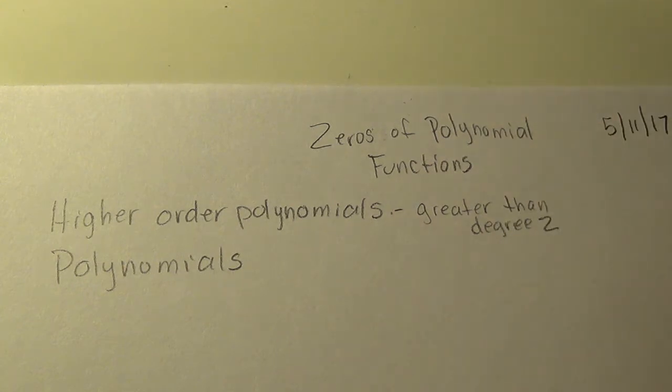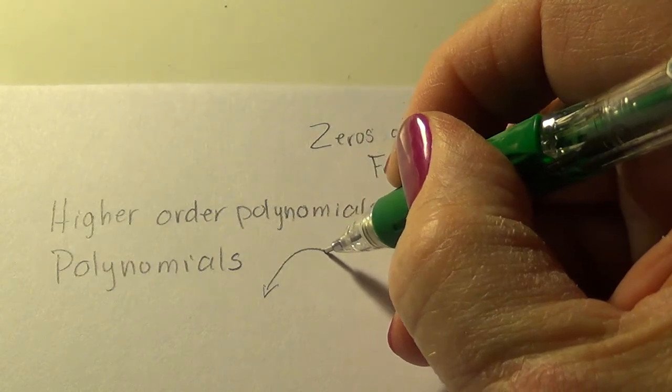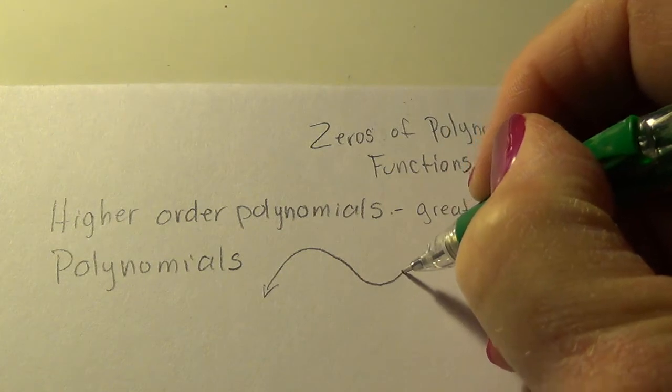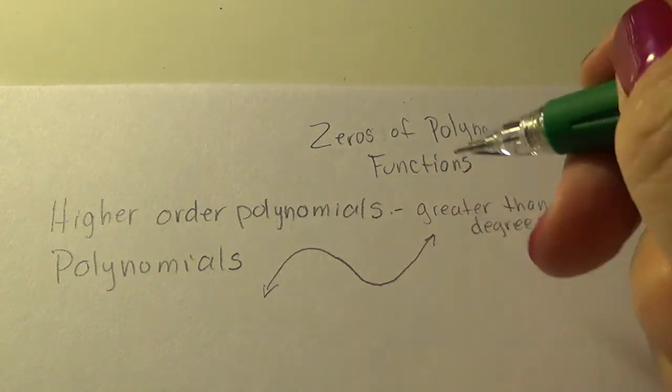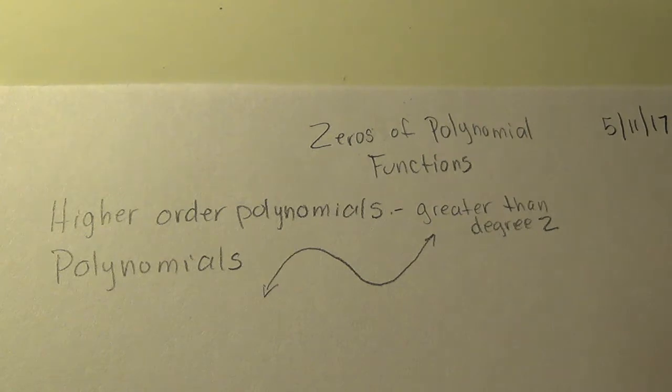And a polynomial is a function that is continuous. It has no breaks, no jumps, no holes, no asymptotes, no gaps, and it has smooth turns, no sharp turns.